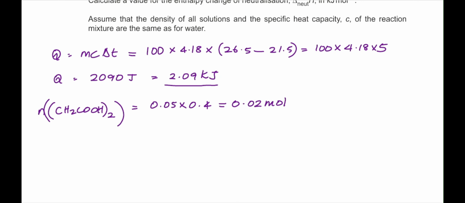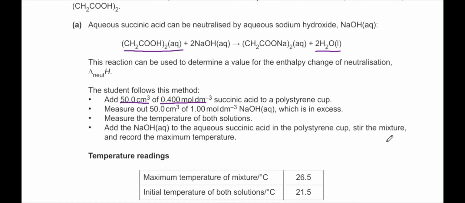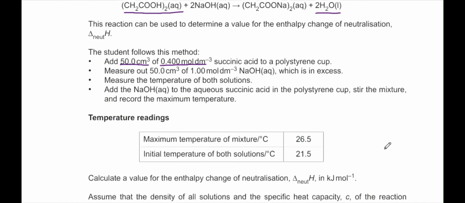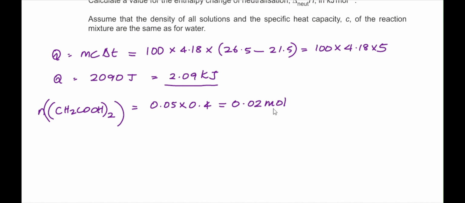Since the acid is the limiting reagent, it will dictate the number of moles of water formed. You can see from the reaction that 1 mole of the acid produces 2 moles of water, and therefore these many moles of the acid will produce 2 times 0.02, which is equal to 0.04 moles.